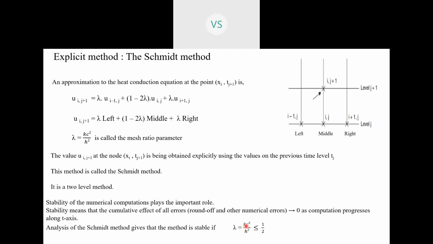K is the increment in time, h is the increment in x. In this way we find lambda, and if it is less than or equal to 1/2, then only can we say the method is stable. So remember this formula, it is a very simple formula, and by this formula we will solve problems.